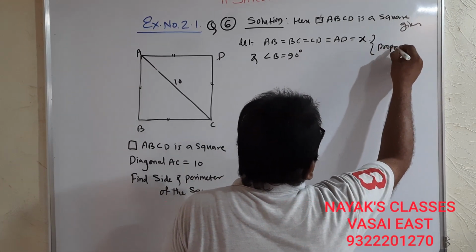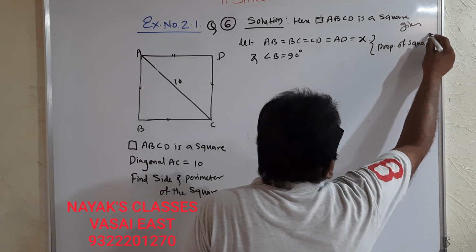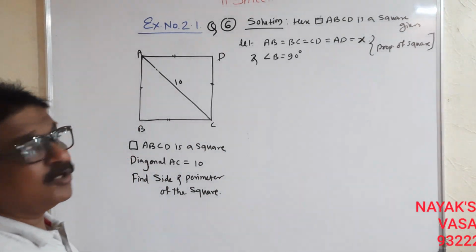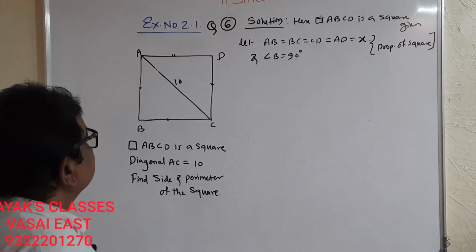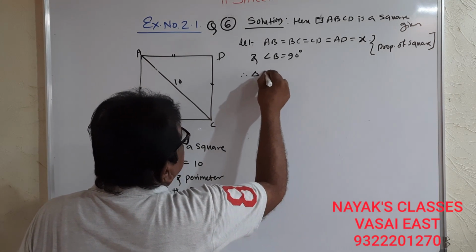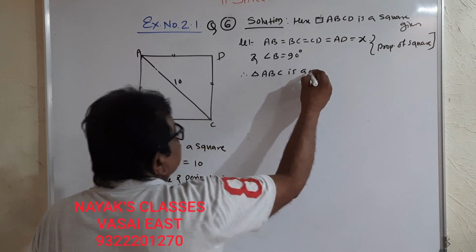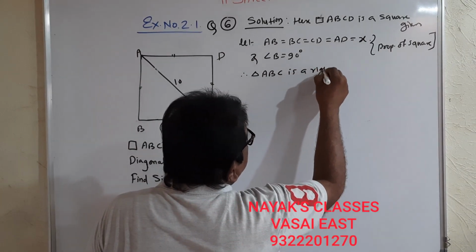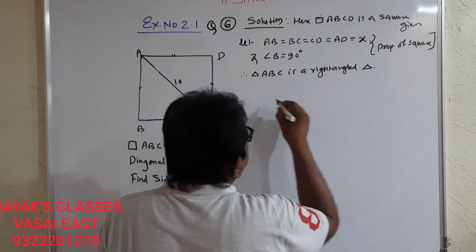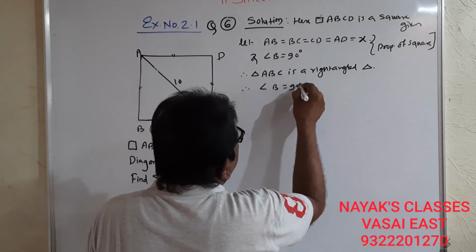Properties of a square: all sides are equal and all angles are 90 degrees. So triangle ABC is a right angled triangle. Therefore angle B is equal to 90 degrees.